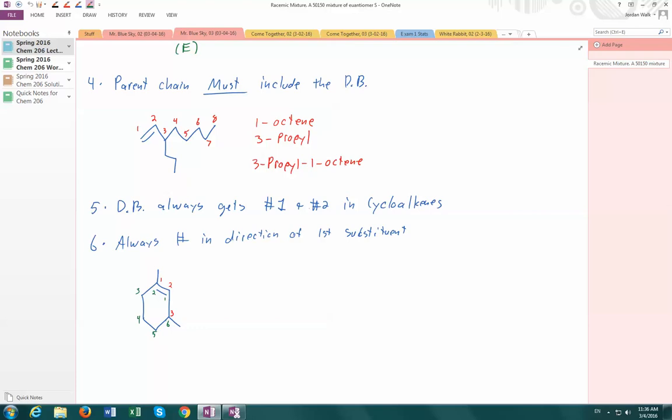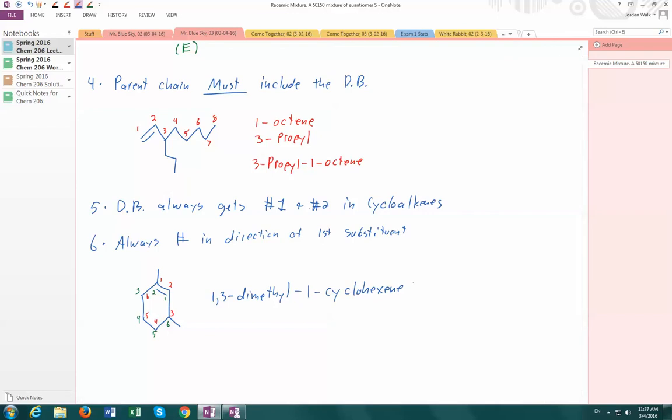So in this case, what we have is 1,3-dimethyl-1-cyclohexene. Is it necessary to say 1-cyclohexene? No, because we say in the rules that we always give carbon number 1 to a double bond, so you could say just cyclohexene, and that would be perfectly fine.